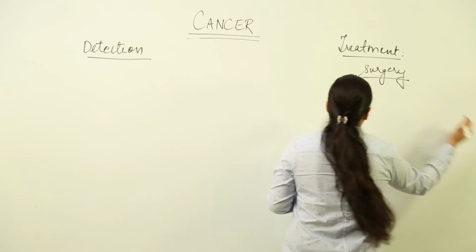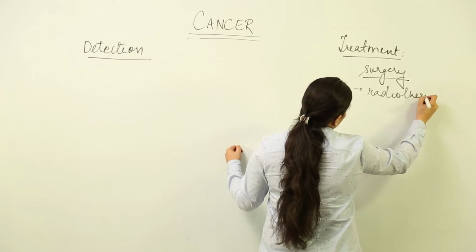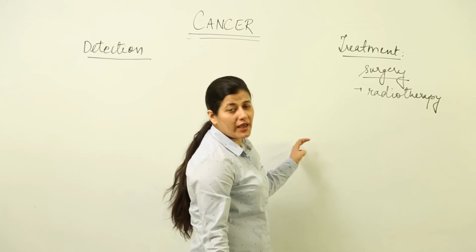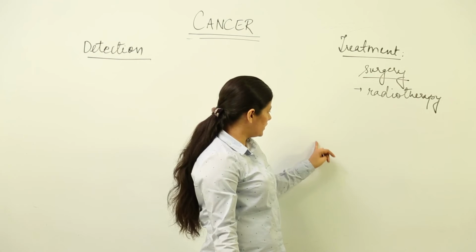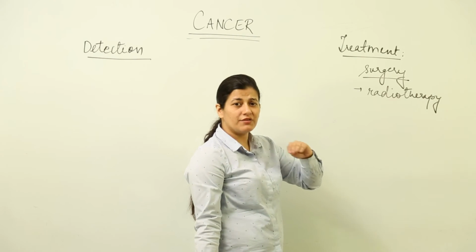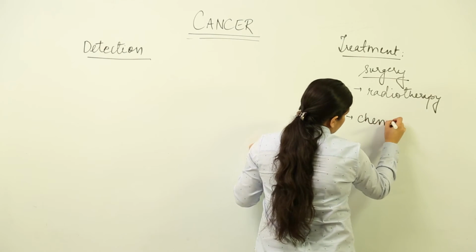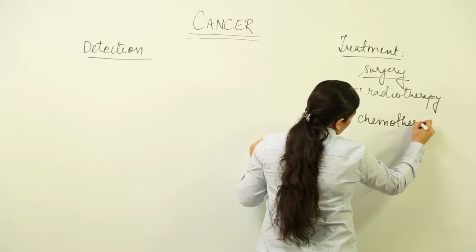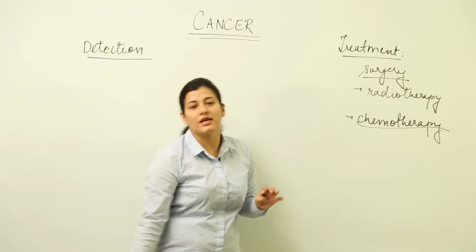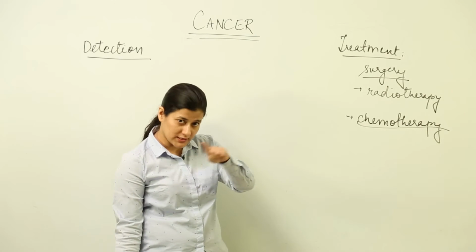So we have radiotherapy, where the treatment aims at getting rid of the tumorous growth by giving lethal radiations. Apart from that, we have another method, that is chemotherapy. Poisonous chemicals are used to kill the tumorous cells, taking very good care of the cells nearby.